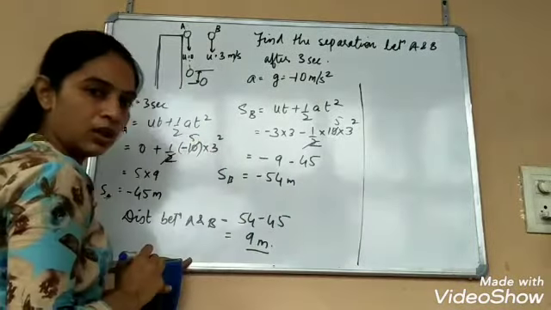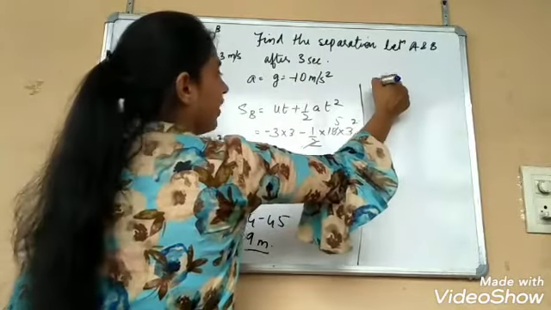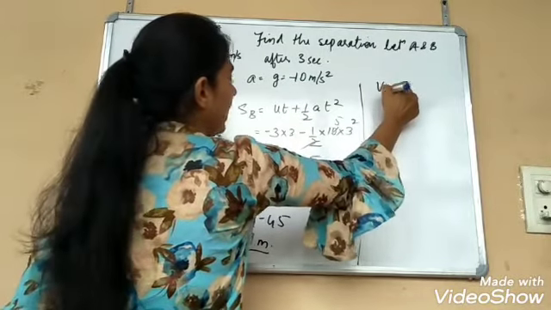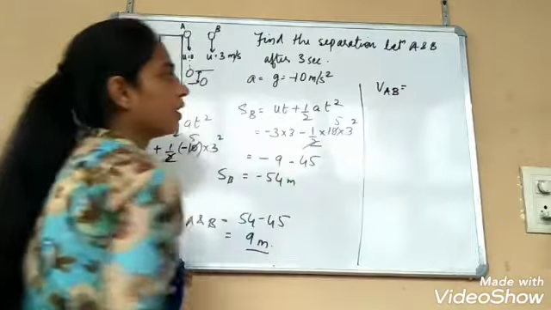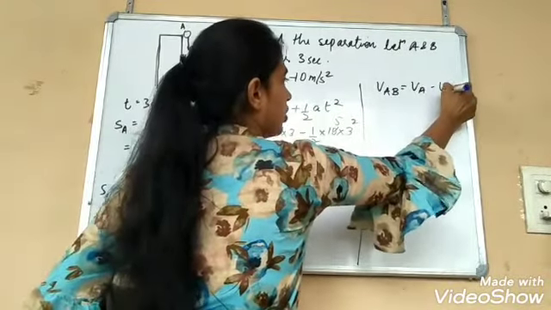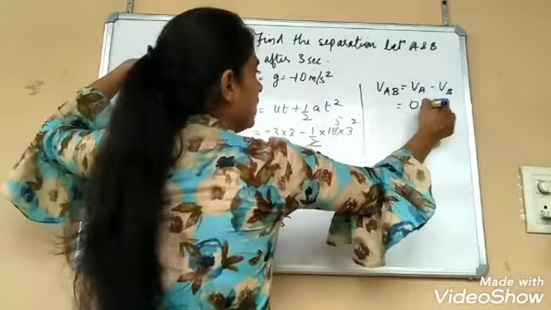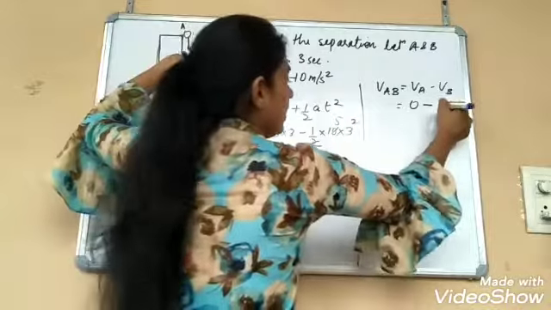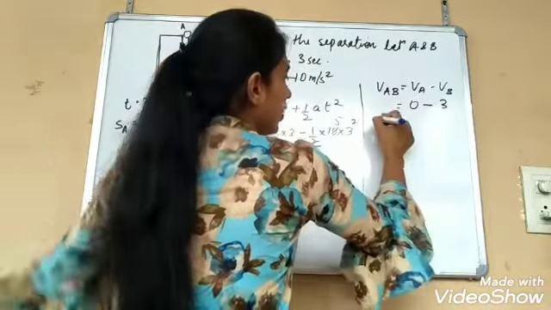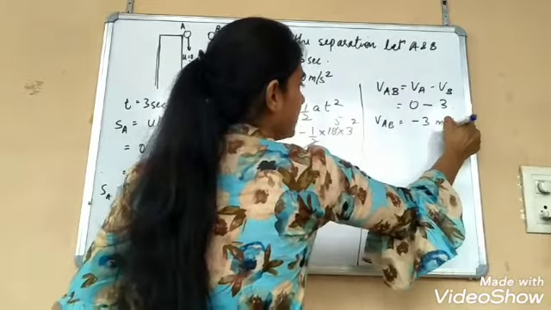What if we do it by relative velocity? So we can find velocity of A with respect to B. Velocity of A with respect to B will be velocity of A minus velocity of B. Velocity of A, initial velocity is given to be 0, minus velocity of B is 3. So velocity of A with respect to B is equal to minus 3 meter per second.